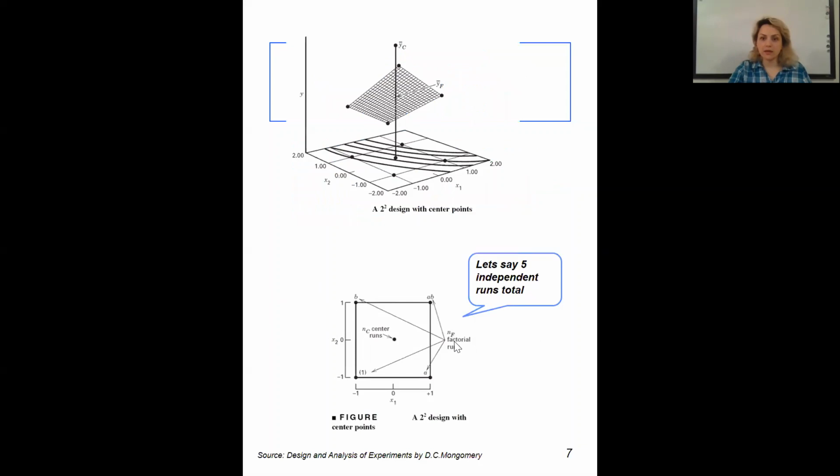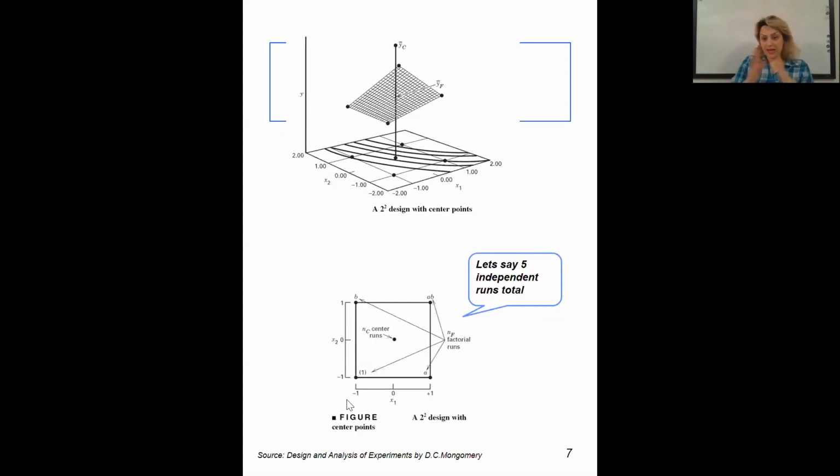Let's look at here again. Let's say we have 5 independent runs in total. When we add the center points, we are going to have replication at the center points, and then we can get the average of it. We call it y bar C, the average at the center points. And then we can get the average at this run, this run, this run, and this run.